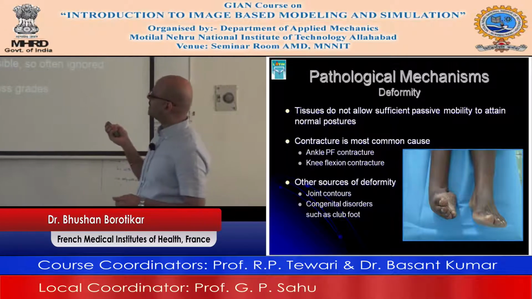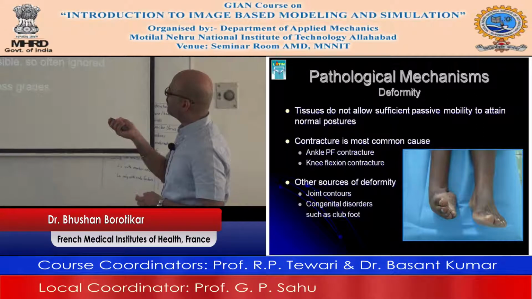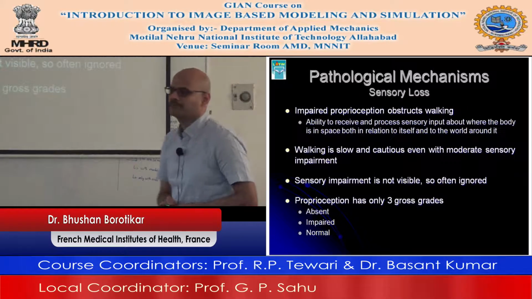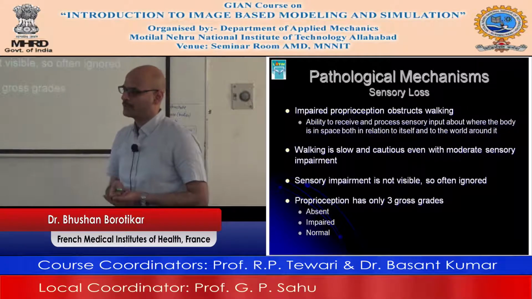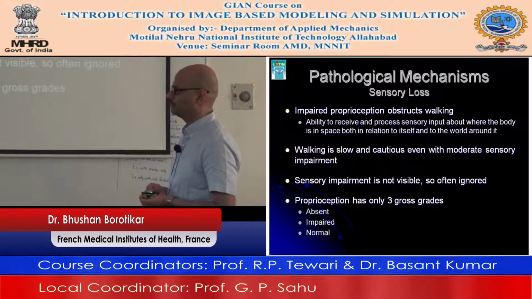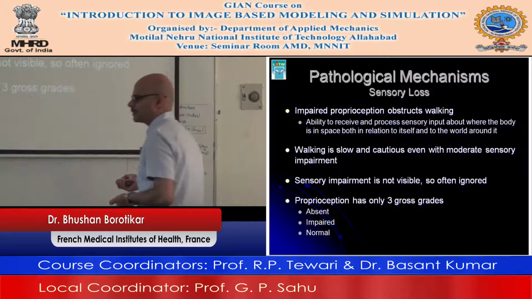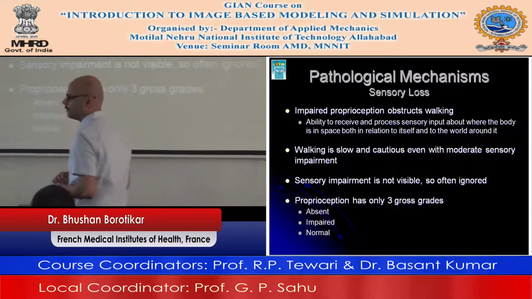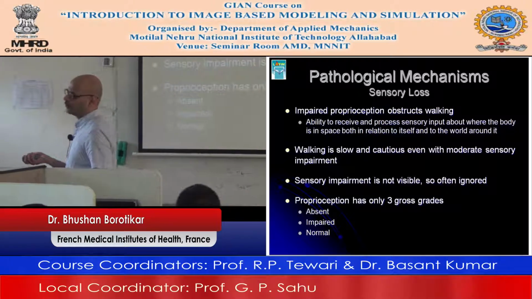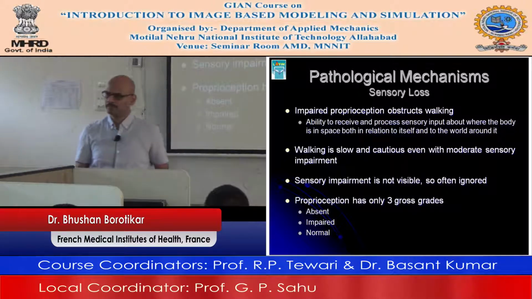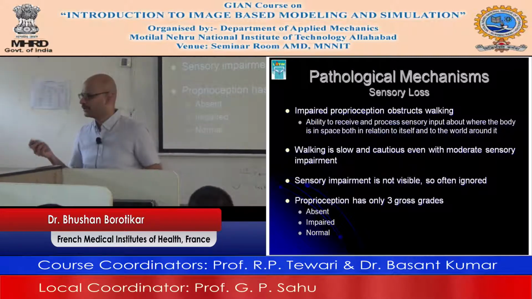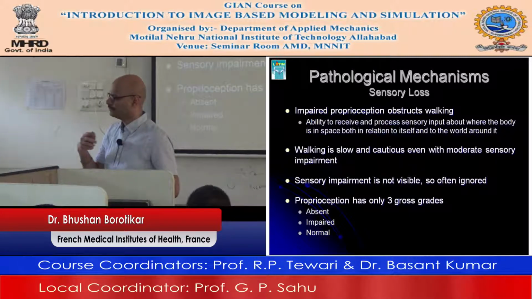In terms of sensory loss, we have impaired proprioception. Now everybody knows proprioception. What is impaired proprioception in walking? You walk with a lot of expenditure of energy by unnecessarily moving your legs farther or higher.